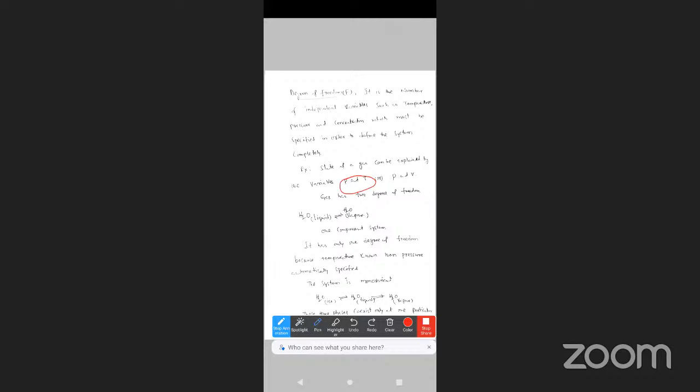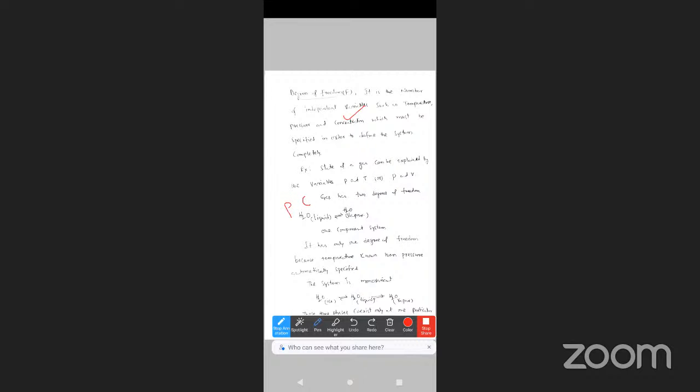Hence, gas has 2 degrees of freedom, either pressure and temperature, both two variables, hence 2 degrees of freedom, or pressure and volume, also 2 degrees of freedom. So this is degrees of freedom.